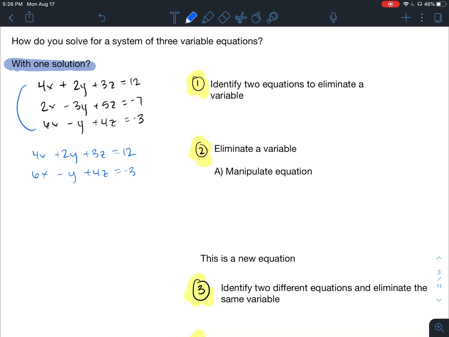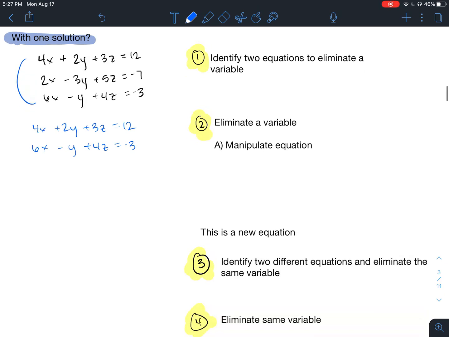Okay, so now we're going to follow the same exact steps as we did in the other one. We're going to eliminate a variable by manipulating one of the equations and then adding the two. So again, this is why I chose this one right here, because it doesn't have a constant, so it's easier to manipulate. So right there makes it easy. We already know which variable we want to eliminate, which is our y. So I'm going to multiply this by 2.